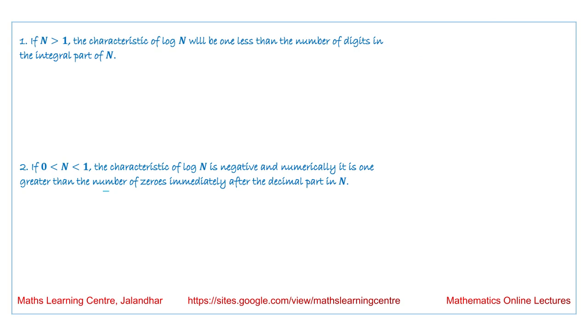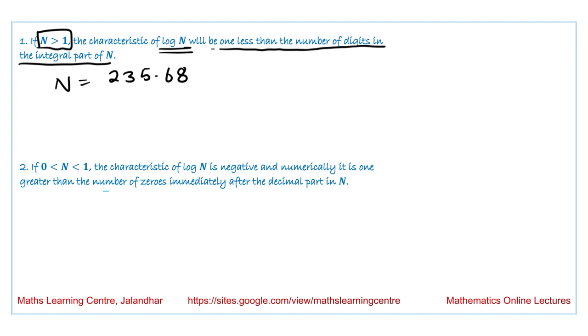The next property we have is, if n is any number greater than 1, then the characteristic of log n will be 1 less than the number of digits in the integral part of n. Suppose we consider the number n as 235.68, and the log of n will be 2.3723227.